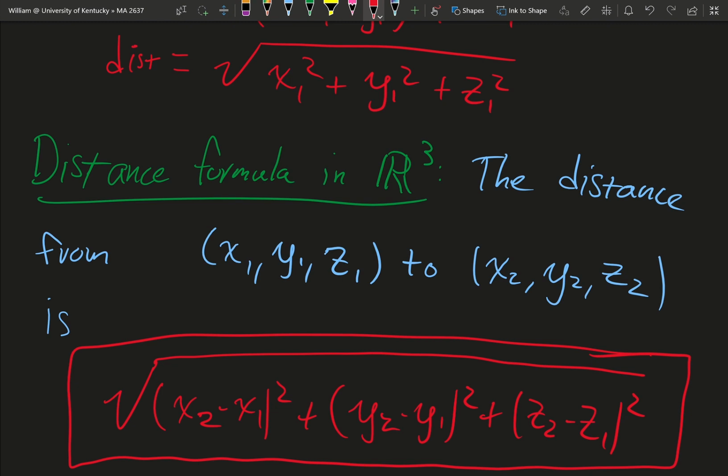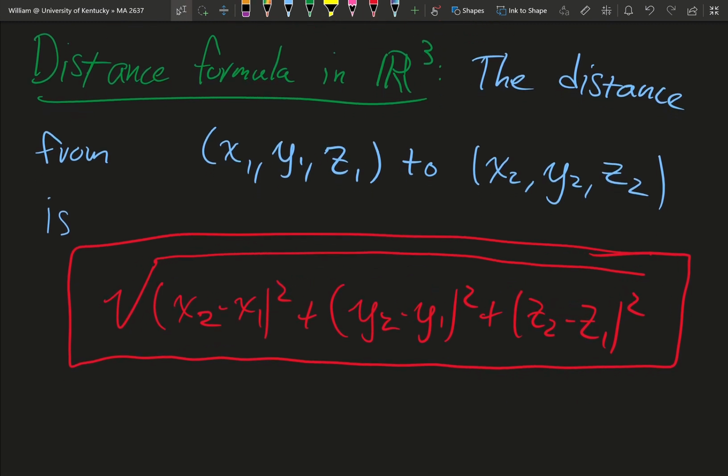So this is our general distance formula between two points. Just take the differences, square them, add them up, and then take the square root.